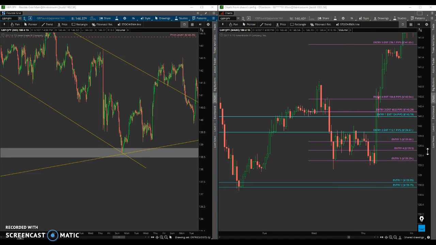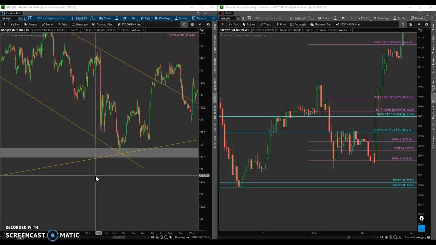I have right around 1,000 pips locked in on this trade. Floating pip count is just under 600 pips on my last position open on this trade. So let's go into the second wave of entries here.